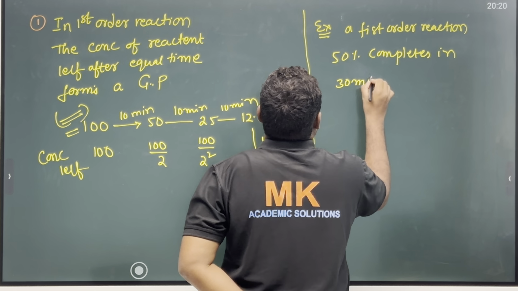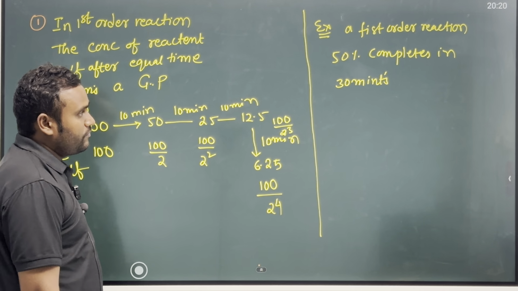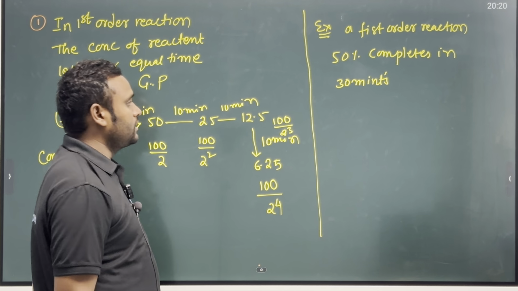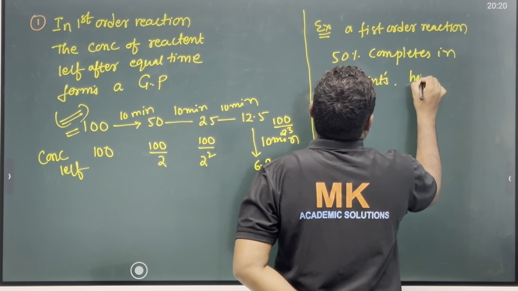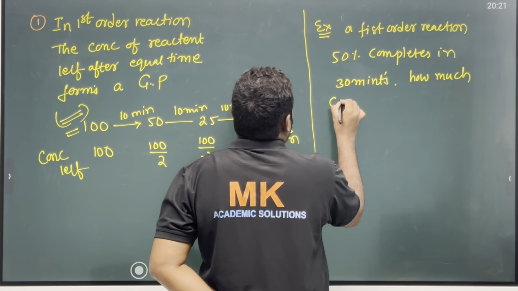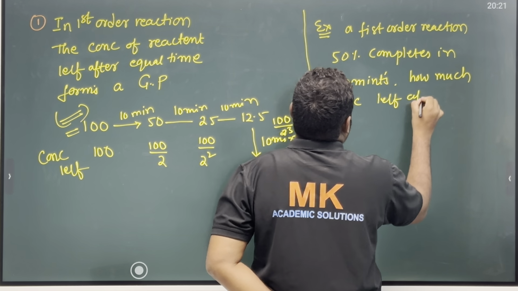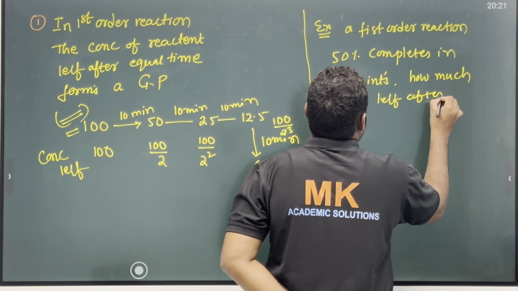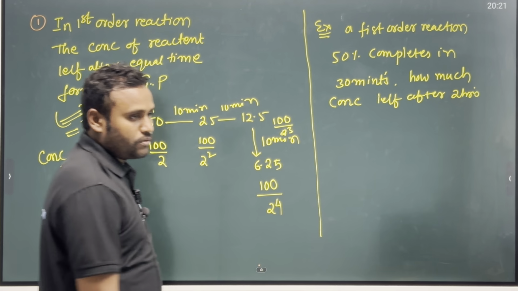A first order reaction 50% completes in 30 minutes. And how much concentration is left after 2 hours? After 2 hours. This is the question they are asking.